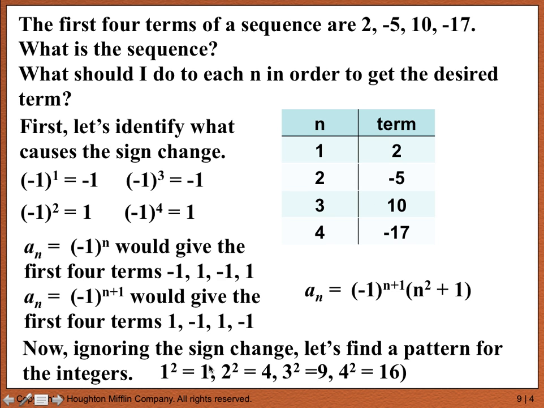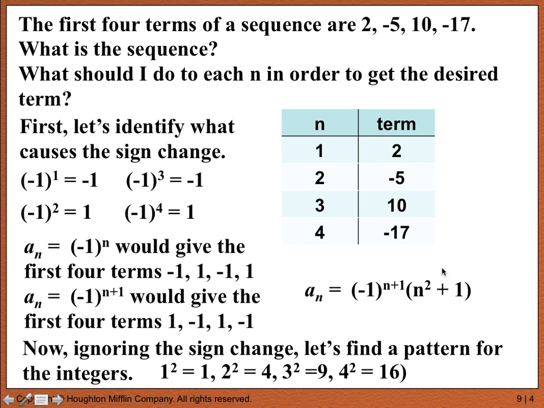So 1 squared is 1, plus 1 is 2. 2 squared is 4, plus 1 is 5. And remember, I'm ignoring the sign change. That's why I'm not saying negative 5. We're just focusing on the numbers. 3 squared equals 9, 9 plus 1 is 10. 4 squared equals 16, 16 plus 1 is 17.